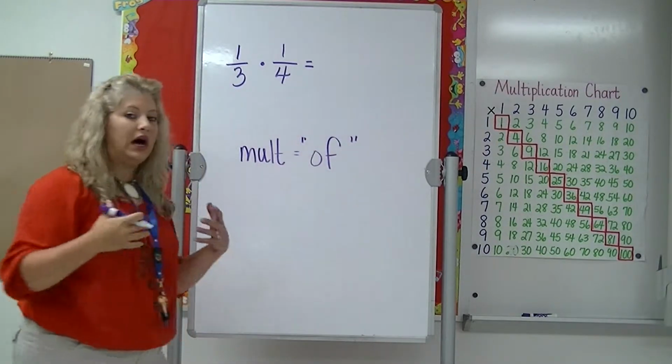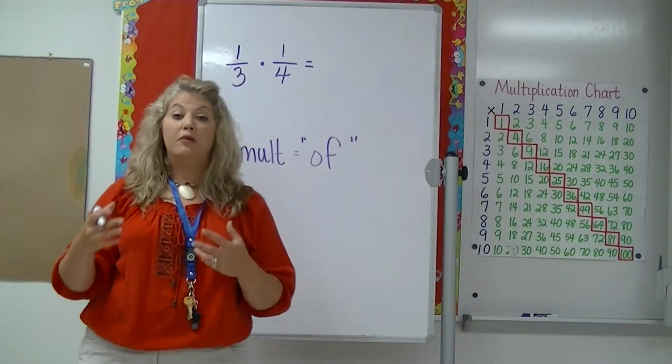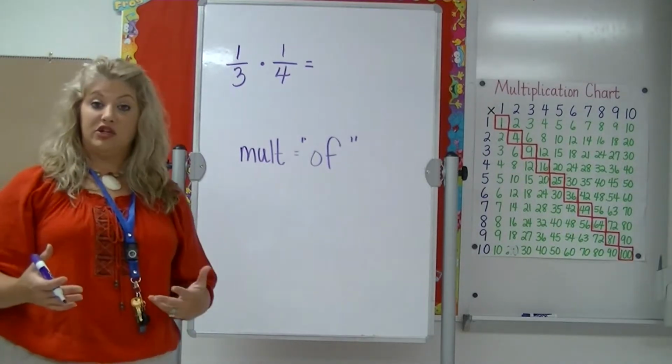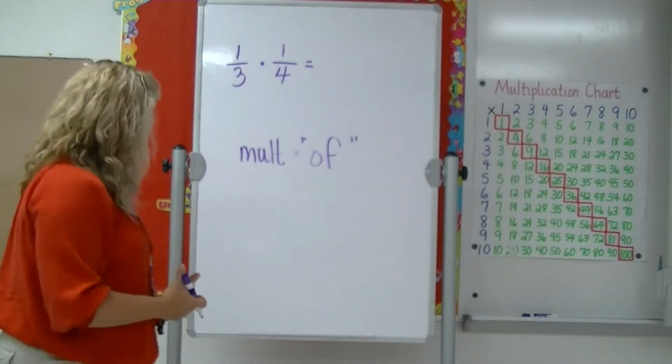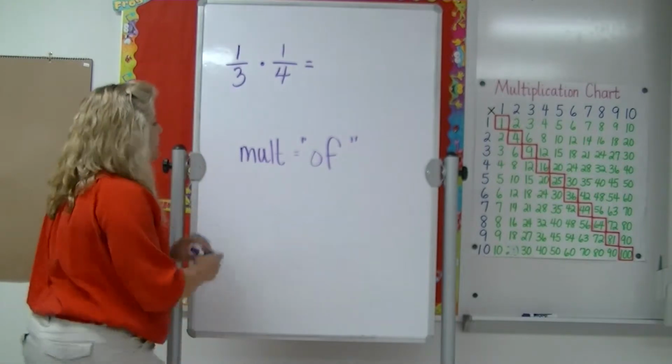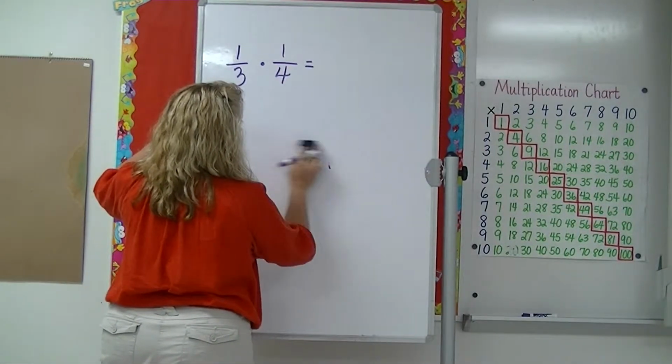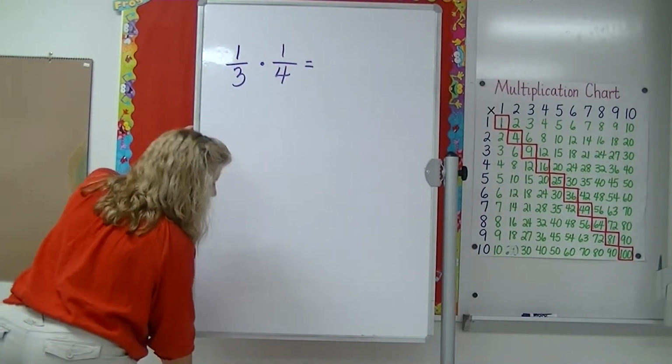When I see the word of in a number sentence, I want to think of multiplication or times, okay? So let's begin with 1/3 of 1/4, or 1/3 times 1/4.